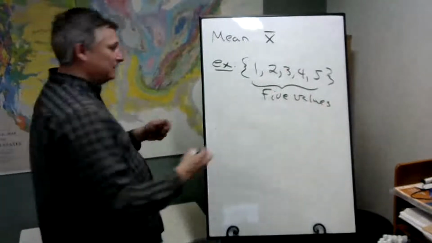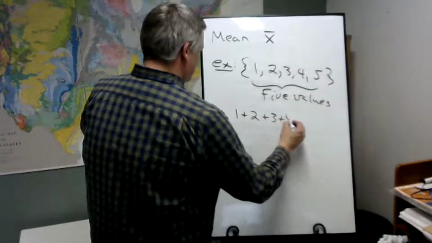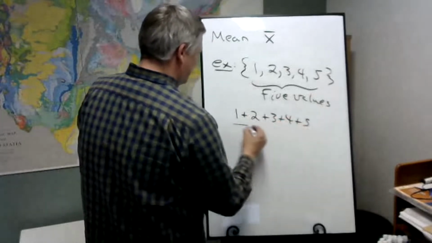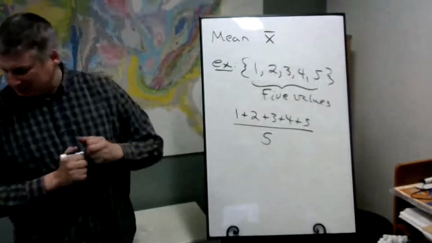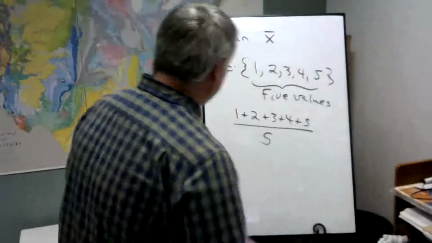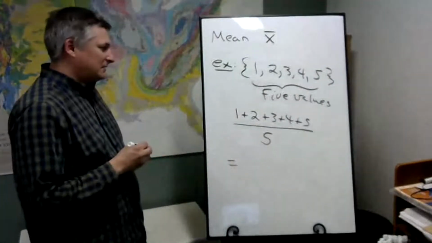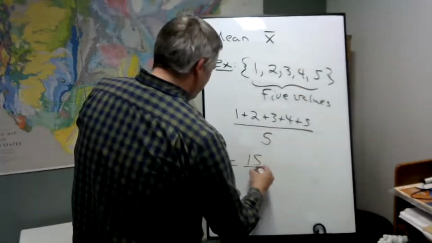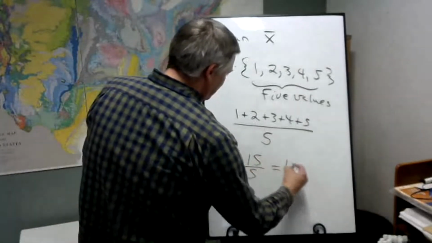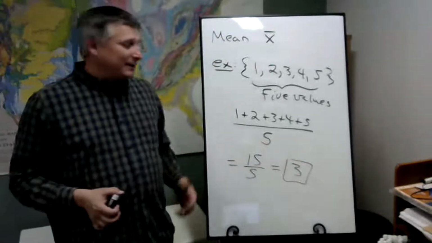To come up with the mean, we add them up, and then we divide by the number of values. Now, let me get a calculator here. So we'll get 15. We get 15 over 5. And so the average is 3. So that's how we calculate a mean.